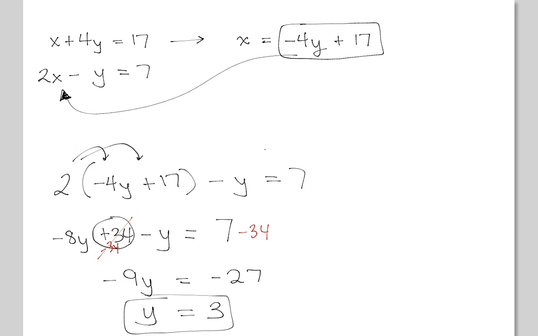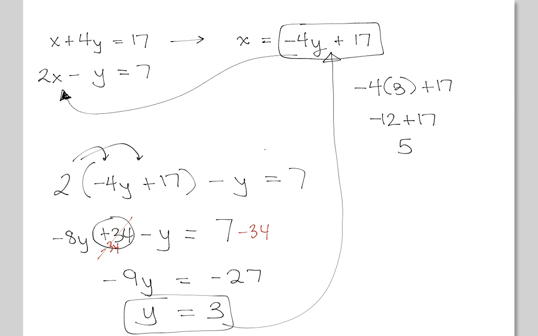Once you know that y is 3, negative 4 times 3 plus 17, negative 12 plus 17, x looks like 5. You guys starting to get the hang of this? So this is called solving systems using substitution method.